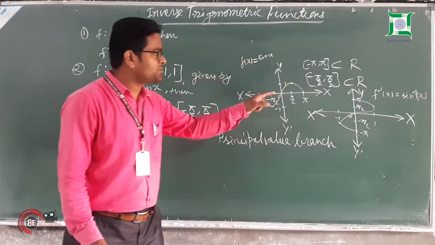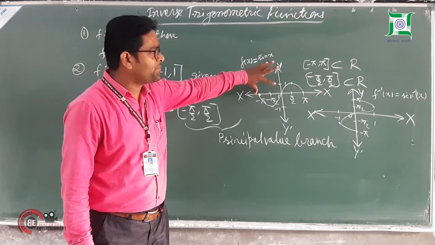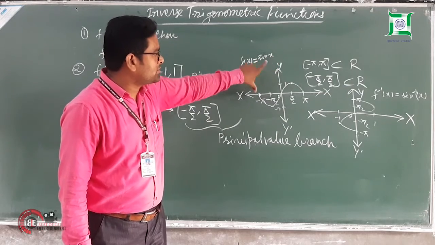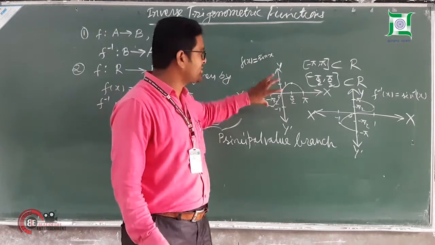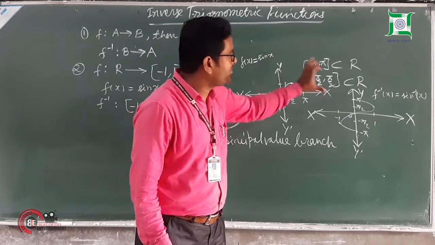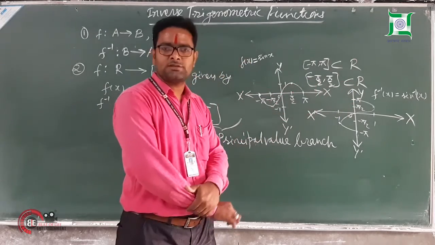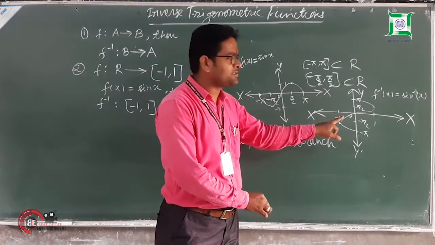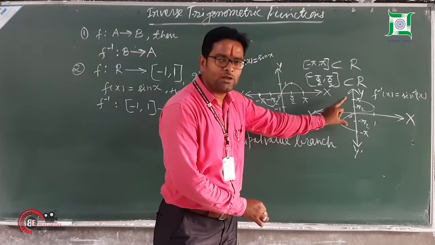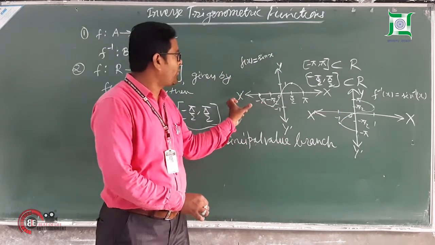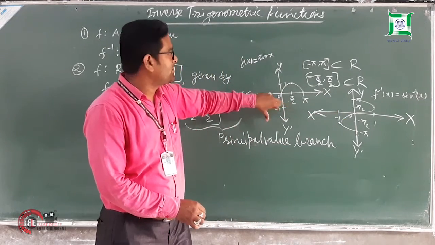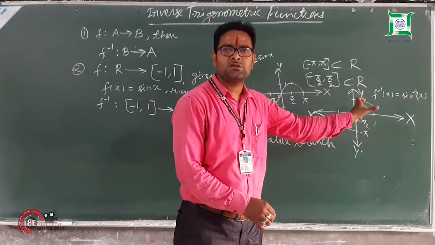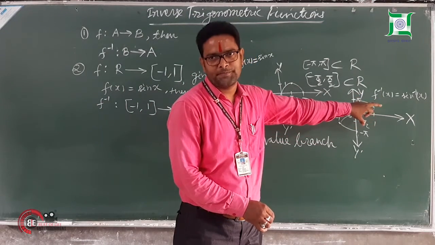See, can you say this graph is just turned through some angle to make the inverse of this? So you can easily visualize, between minus pi to pi, we are drawing the graph for the sine function and this inverse function of sine.